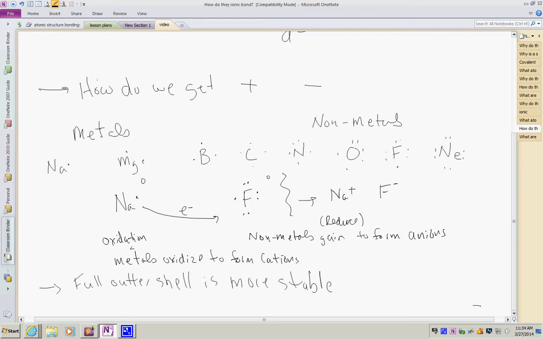And just because this sodium gave this fluorine its electron doesn't premise the bond. The bond is premised by the fact that this is positive, this is negative, and they attract. In fact, this negative will attract to other positives, which could form in all directions. And in fact, it does. We can have all sorts of positives and negatives attracting to each other. It's not orderly, it's just a big, large process.